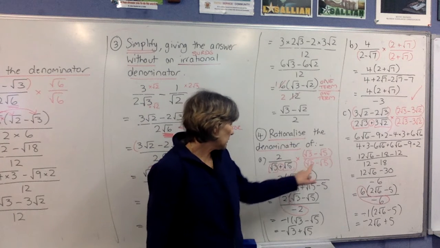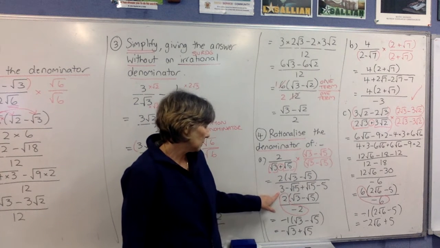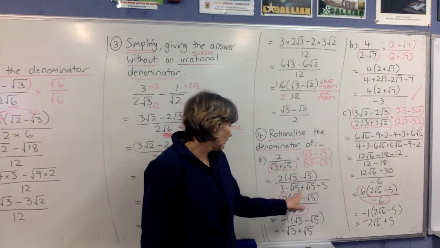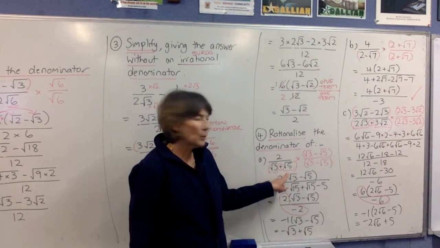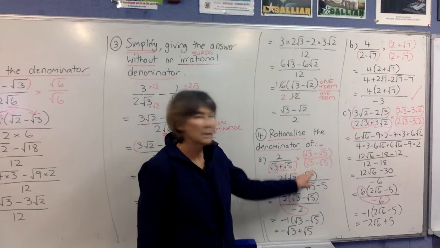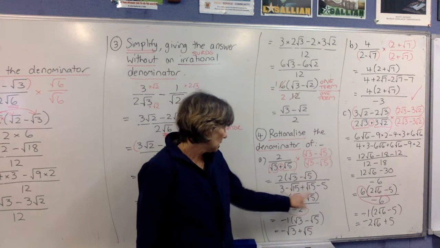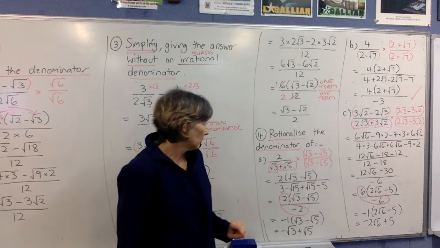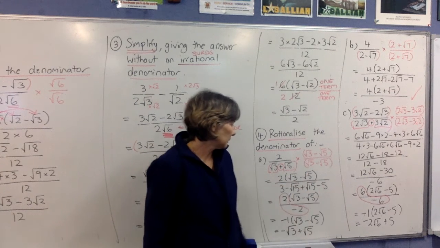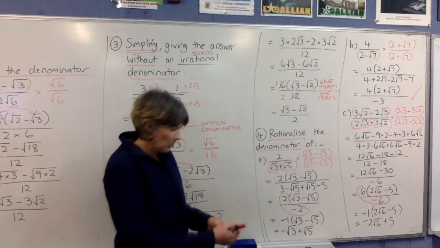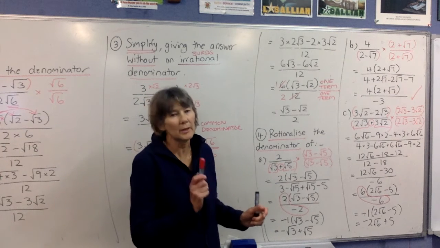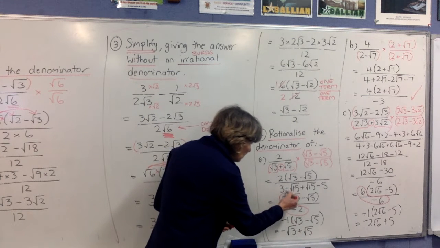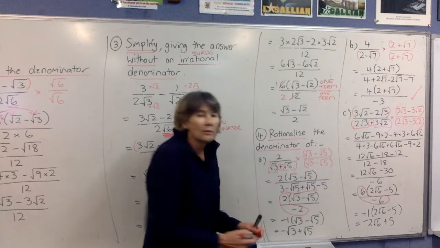So root 3 times root 3 is 3. Root 3 times minus root 5 is minus root 15. Plus root 5 times root 3 is plus root 15. And plus root 5 times minus root 5 is minus 5. Now, on the bottom, if you've done this right with this method, these two terms in the middle should give you 0.